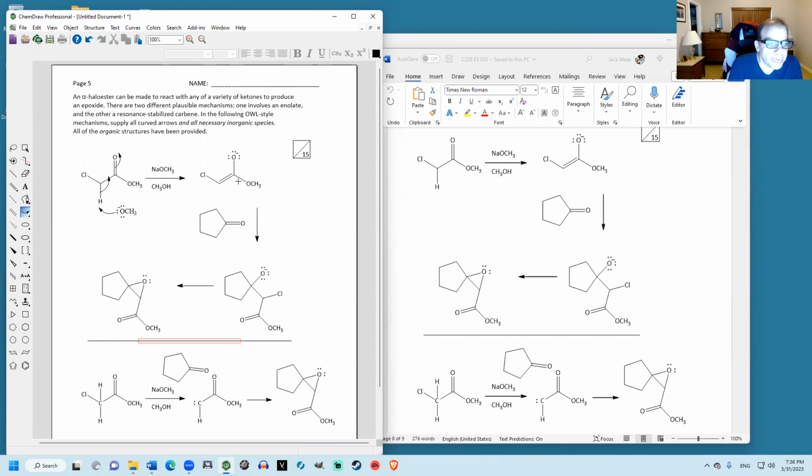Now let's again compare and see what's happened. Looks like we formed a new bond here, alpha to the carbonyl, and we've reformed the carbon-oxygen pi bond. And instead of C double bond O, we have C single bond O minus. Looks to me like the enolate has added into the carbonyl. In chapter 23, we'll learn this is an aldol reaction. But you don't need to know that to get this question right.